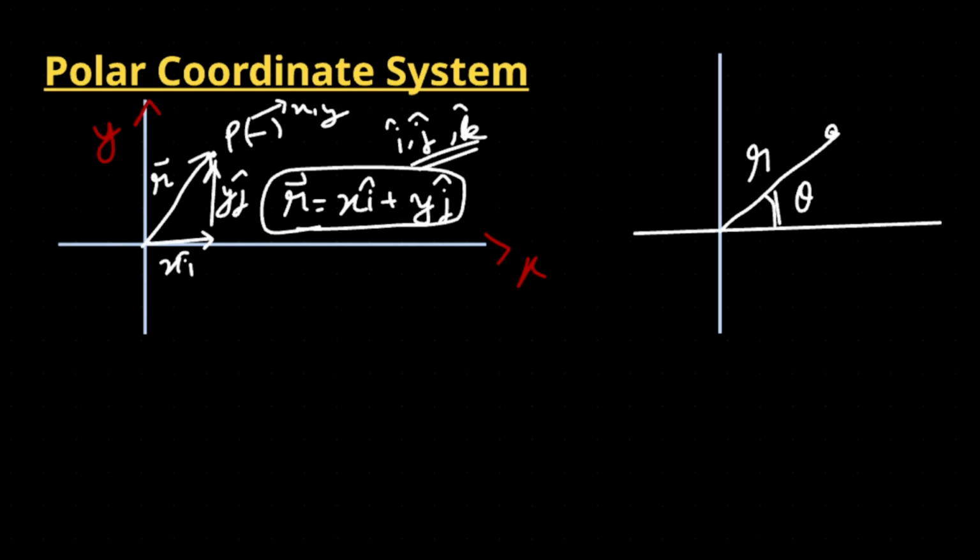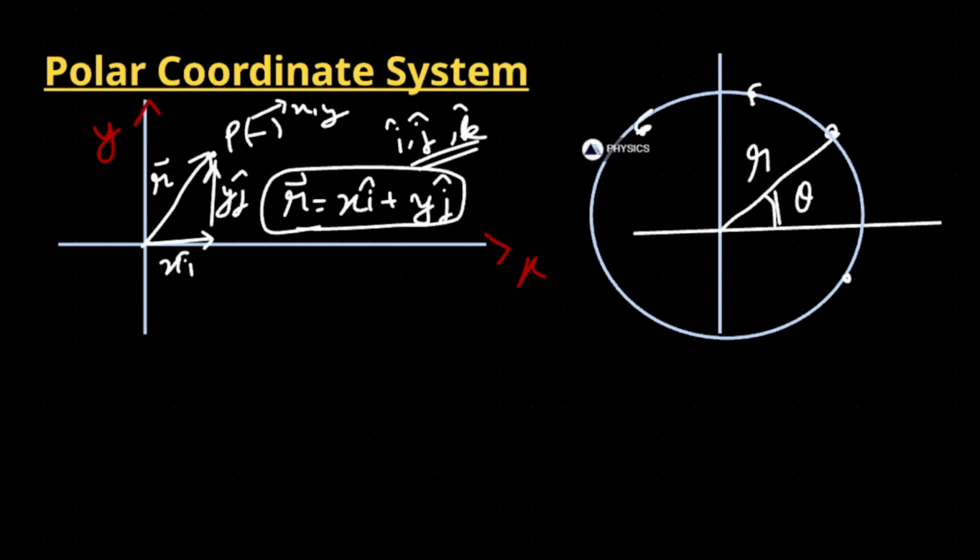Why? Because suppose you have a circle, and you want to move along this circle, and the particle is moving along this circle, and you have to define how it is moving. And every time you go through that Cartesian coordinate system, it will be very, very difficult.